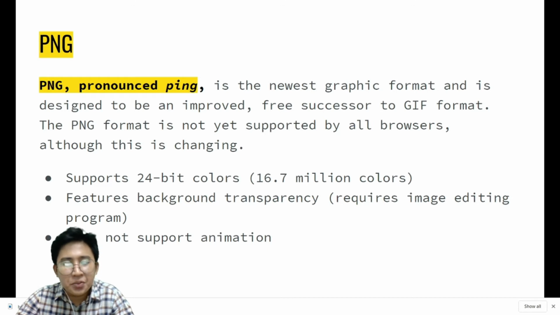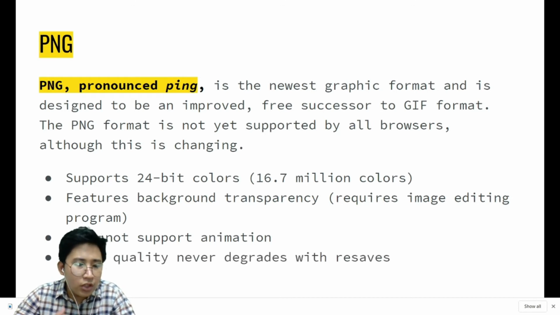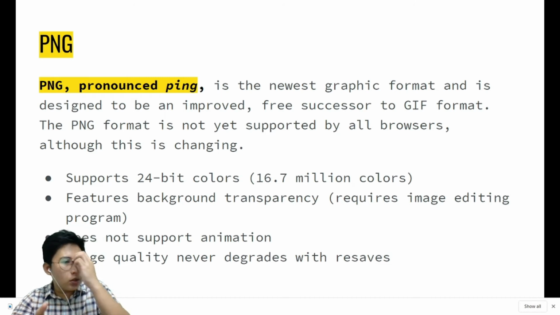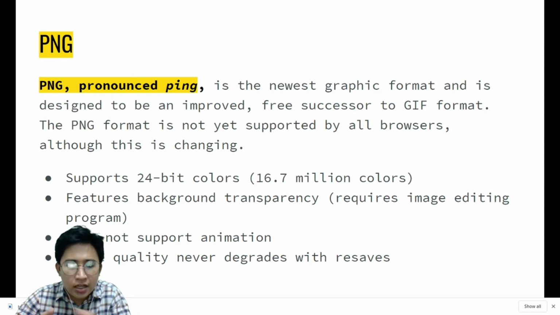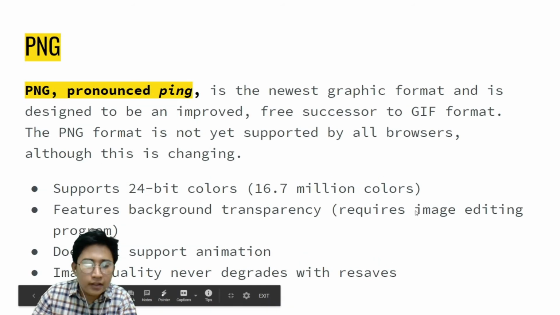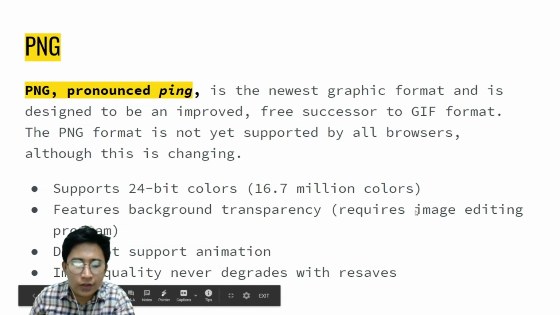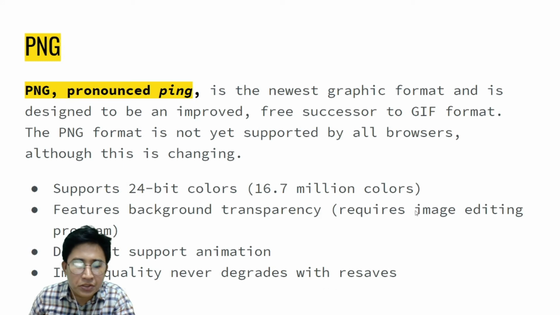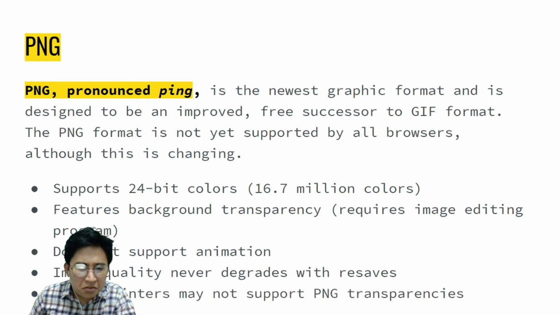It does not support animation because animation is for GIF. Image quality never degrades with resaves, so this is the good thing in PNG. Even if you resave it again and again, its quality will not degrade or be reduced. Older printers may not support PNG transparencies.